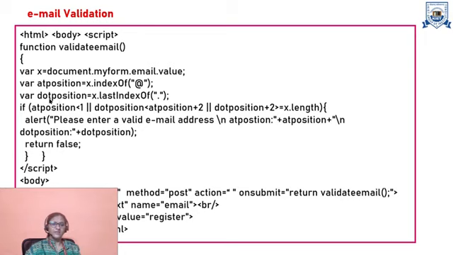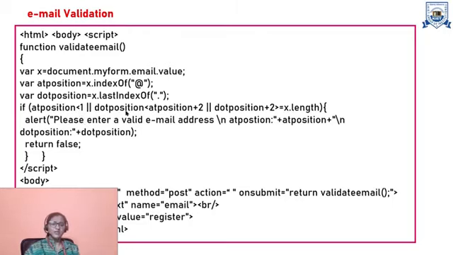In the variable dot position, it will retrieve the last index of the dot. After that, we will check the condition that if the at-the-rate position is less than 1, it means it is at the beginning of the email. Less than 1 means it is beforehand.